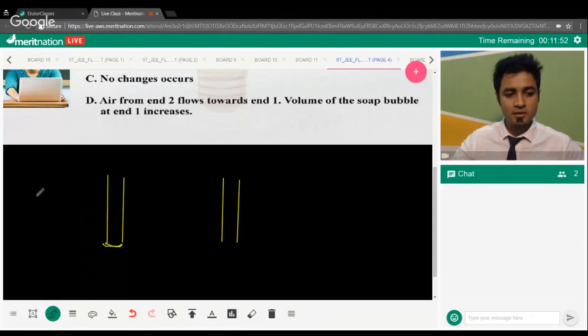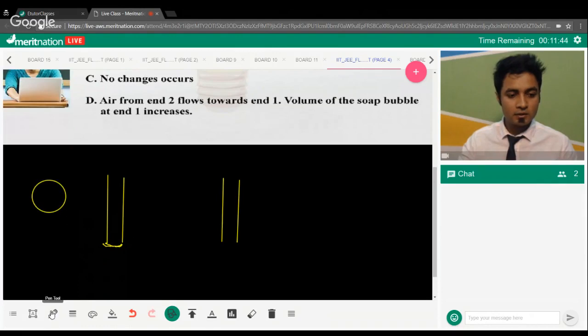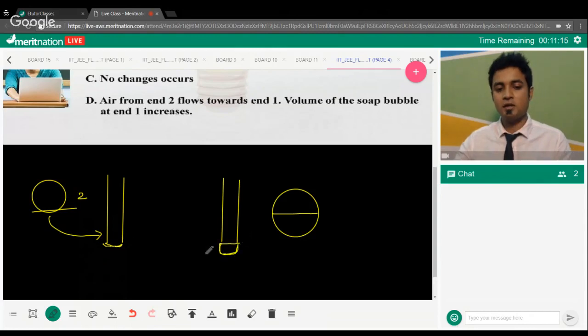If suppose this is a full bubble, only this part is coming at the bottom. This is the case 2. And in this case, you can see that the half hemispherical bubble is being formed here, like in this way. Okay, this complete half hemispherical bubble is being formed.